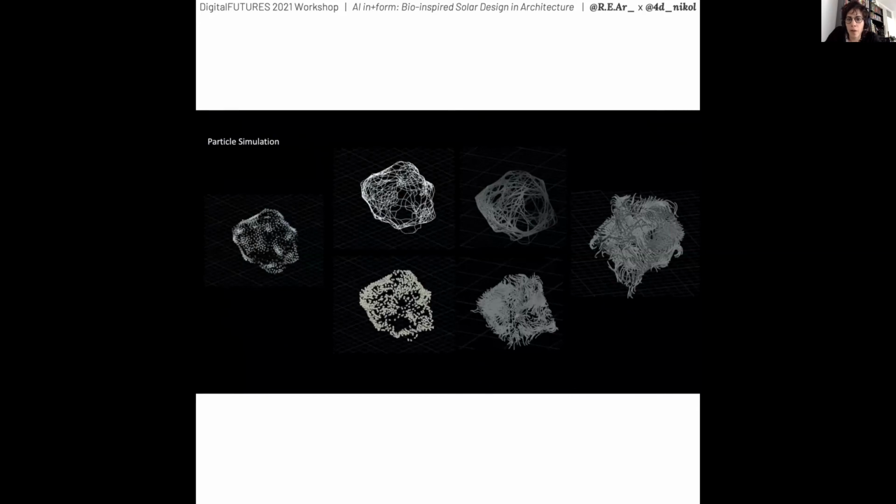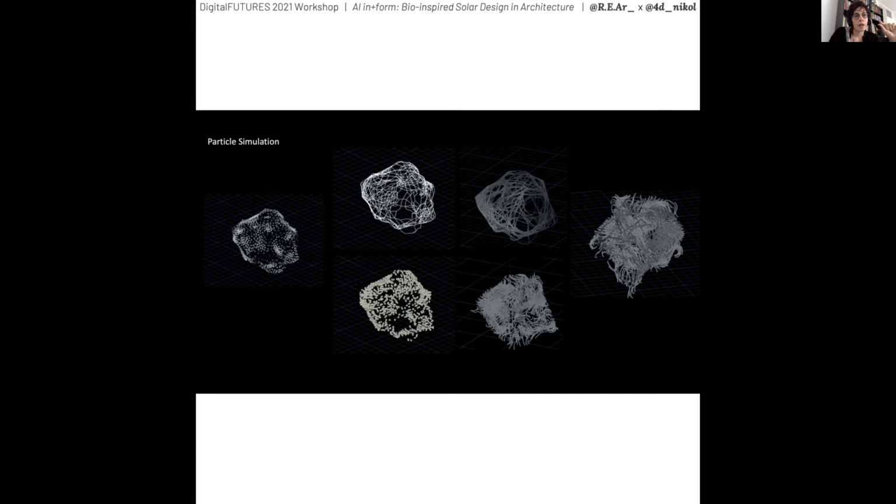And finally, here we have particle simulations, which again, depending on the time, we might be able to see. So again, working with points, animating those points and giving them specific directions depending on wind, on gravity, on attractor points.